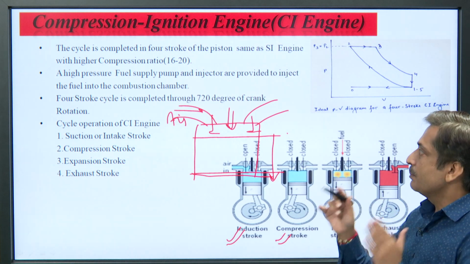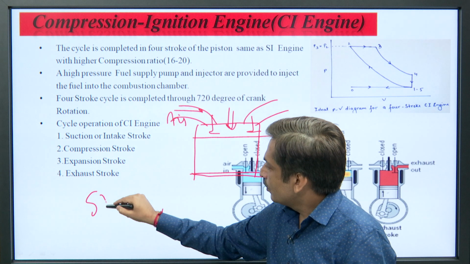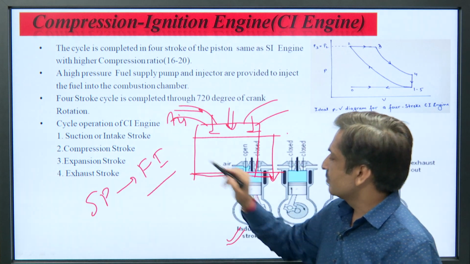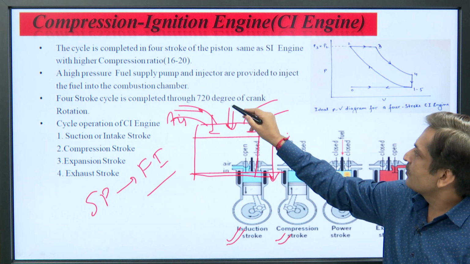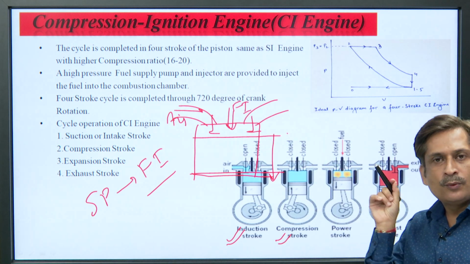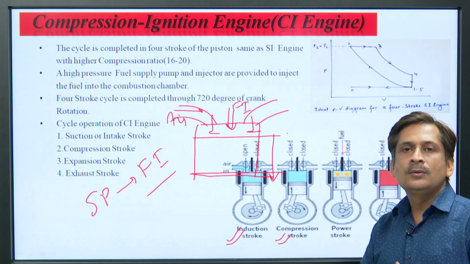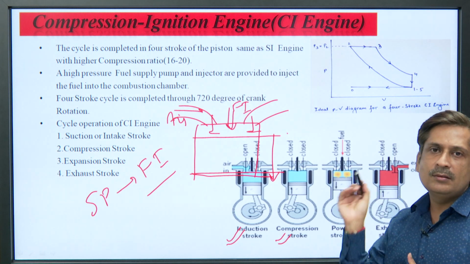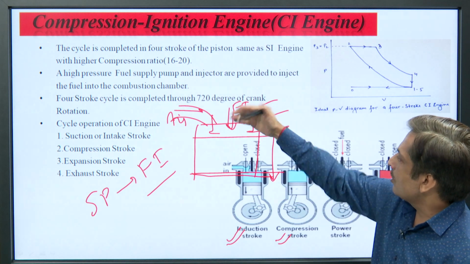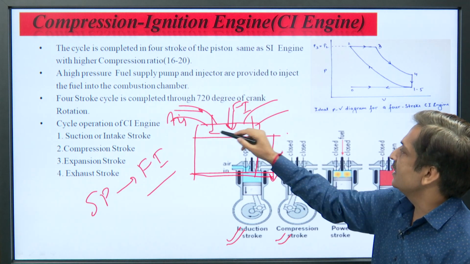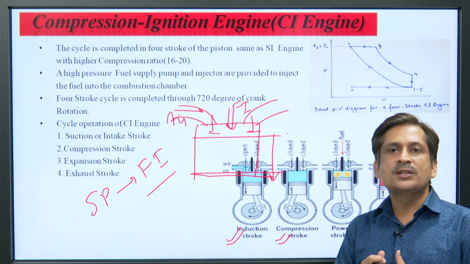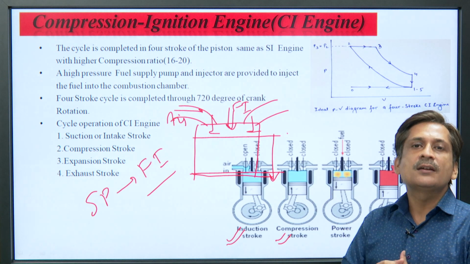The spark plug is replaced by fuel injectors, which inject the fuel against the very high pressure, because the compressed air is already here at very high temperature. CI engine is mostly the diesel engine.